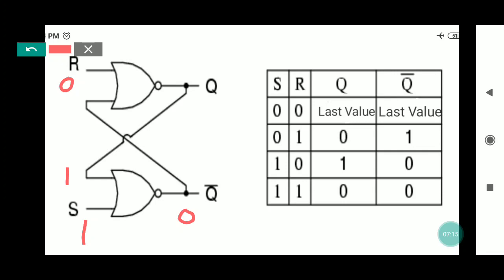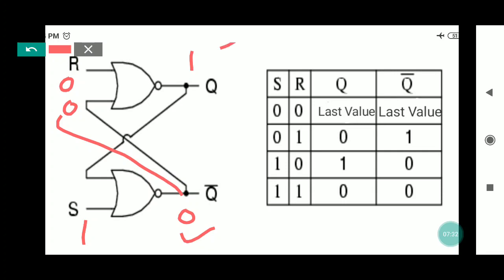Under both conditions it will give 0. So this 0 is a fixed value and this 0 comes here. Again, there are two zeros at the inputs, so we got 1 here.